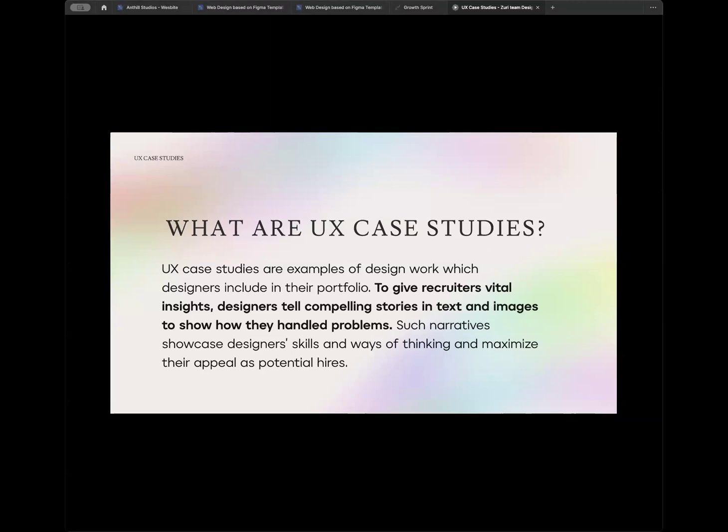So think of a UX case study as a transactional currency between recruiters and designers, because generally the category of people that UX case studies matter to the most are recruiters who want to recruit for something, or designers, people that actually want to work on something.